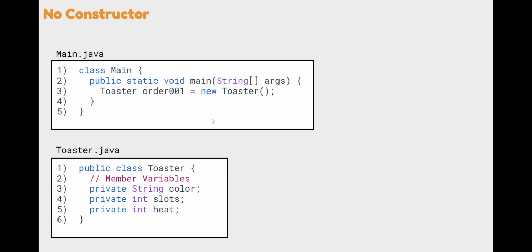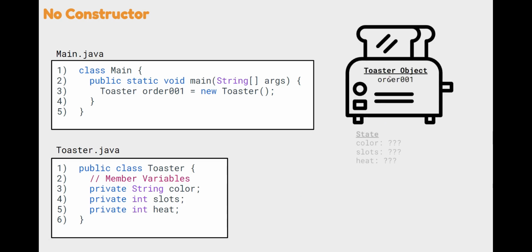What would happen if we tried to construct a toaster, but we never defined a constructor in our class? We know that we want to make a toaster object. We know we want the name of it to be order001, but what would be the initial state of those member variables?